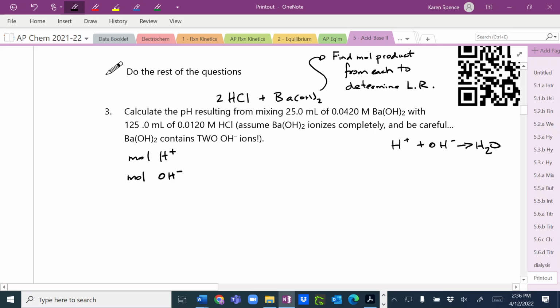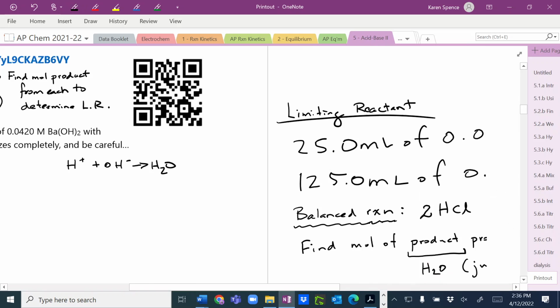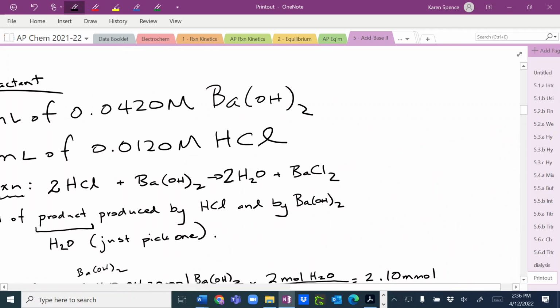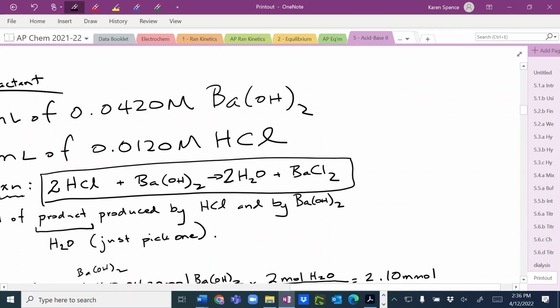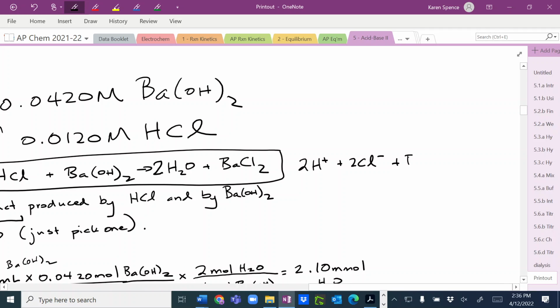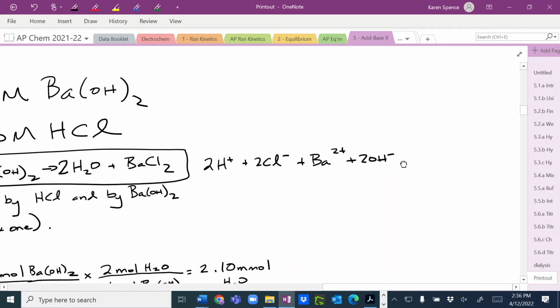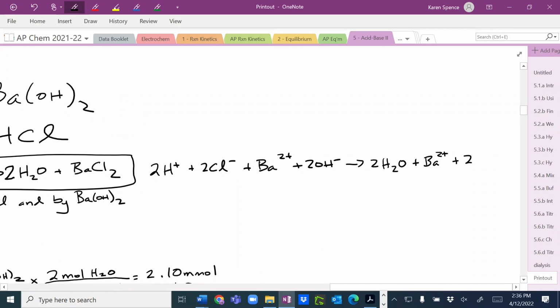Because if I were to actually write out my complete ionic equation for that, it would be 2H plus 2Cl minus plus Ba 2 plus 2 OH minus gives 2 H2O plus Ba 2 plus 2 Cl minus. Ooh, that was exhausting, yes?